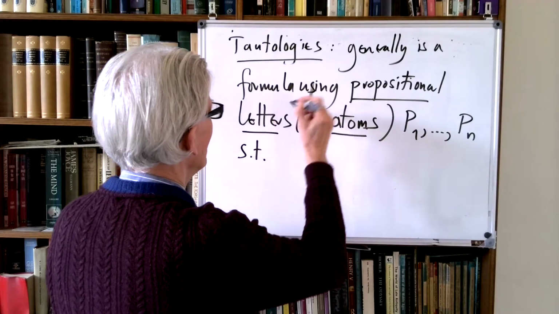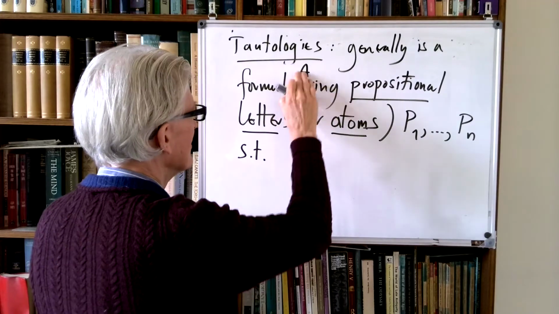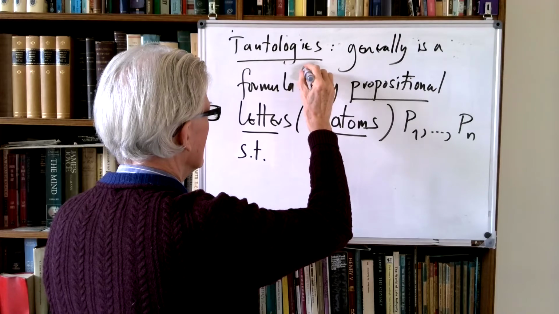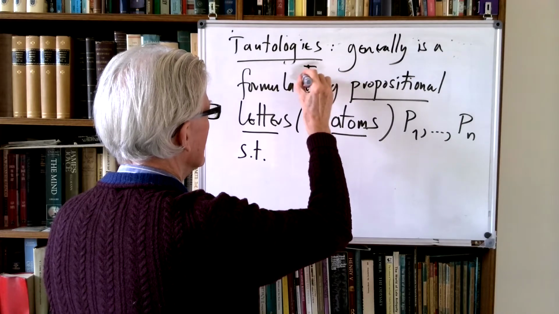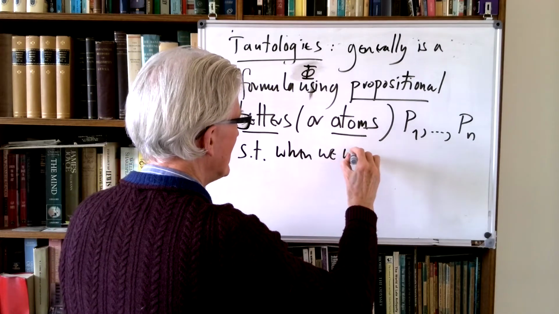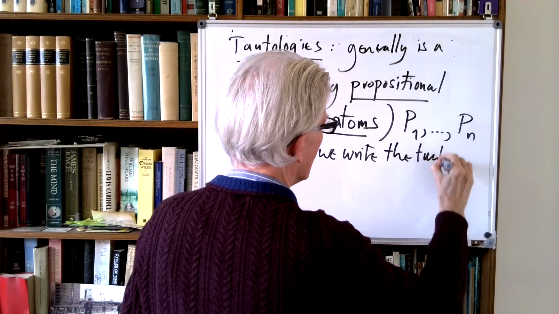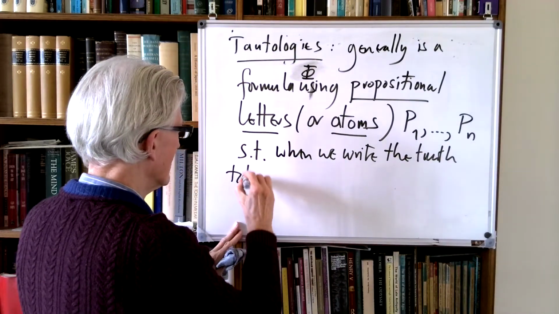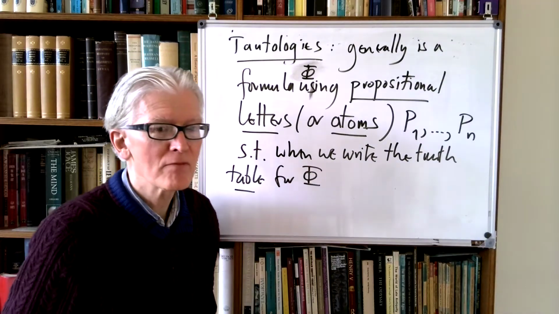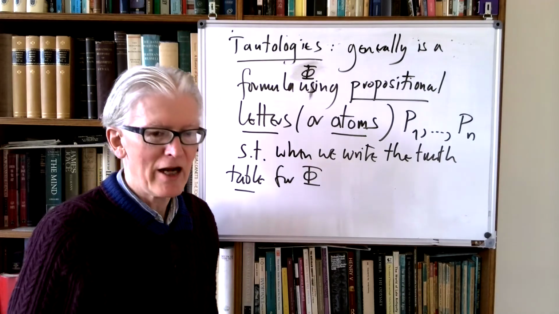So is a formula, let me give it a name, A. No, let's call it something else. Let's call it big phi. So when we write out the truth table for phi, we get a T on every line in the final column.